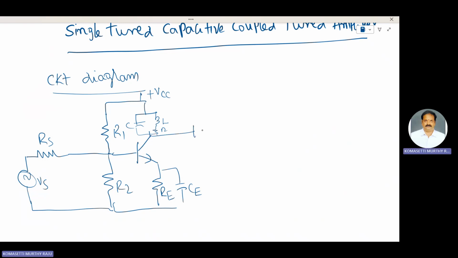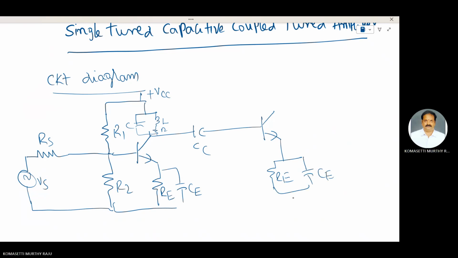For high voltage gain, we use a second stage. The first stage is connected to the second stage through this coupling capacitor CC. This is the other stage, with bypass capacitor CE and RE.